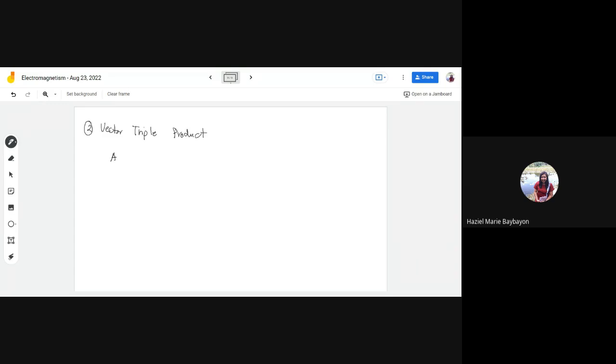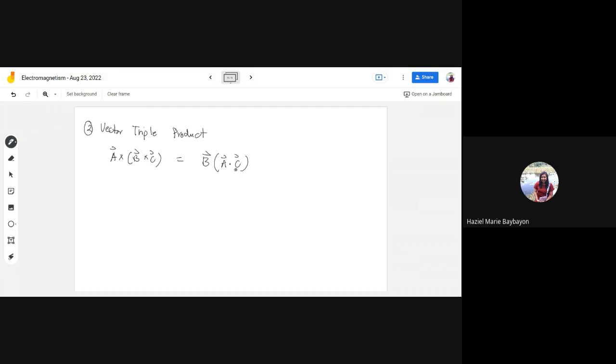Okay, so you have A cross B cross C, which can be simplified by the back-cab rule. So this means that you have B multiplied by A dot C. Okay, so this is ordinary multiplication, multiplication by a scalar.